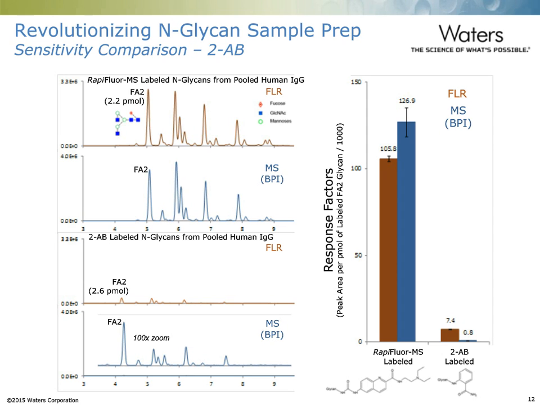What we can see is the fluorescence intensity is significantly greater for the RapiFluor-MS labeled glycans. It's approximately 10 or so times greater. Additionally, even though it's not as much of a change as we saw with the InstantAB, the mass spec sensitivity difference is about 2 orders of magnitude greater for the RapiFluor-MS labeled glycans as it was for the 2-AB labeled glycans.